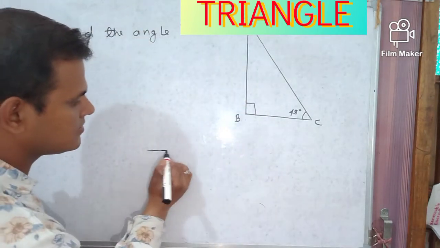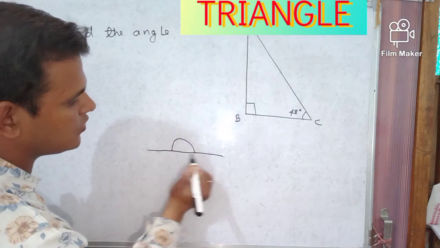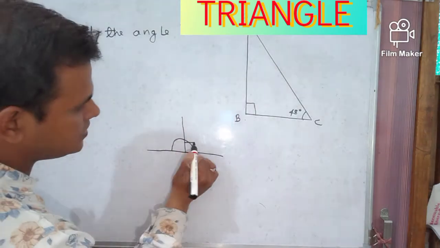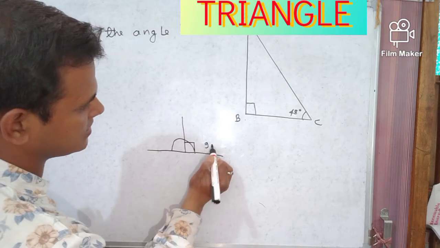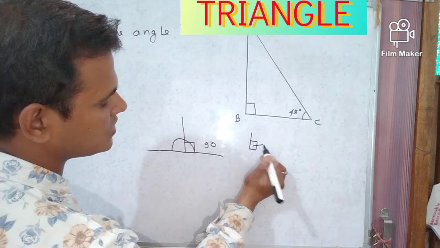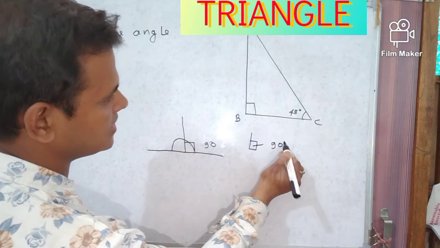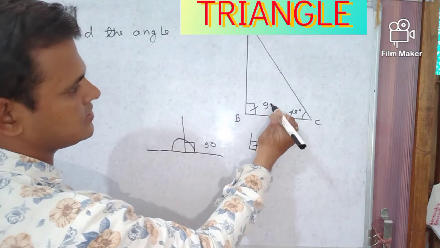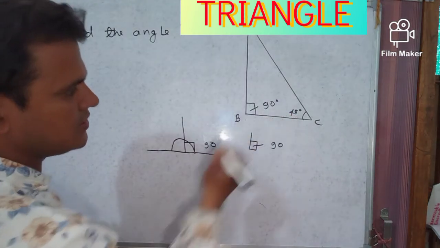See here, this denotes 180 degrees. If we draw one straight line, so this will be 90 degrees, and this symbol denotes 90 degrees. So we can say very easily this angle is 90 degrees.